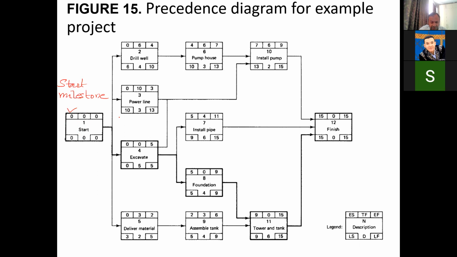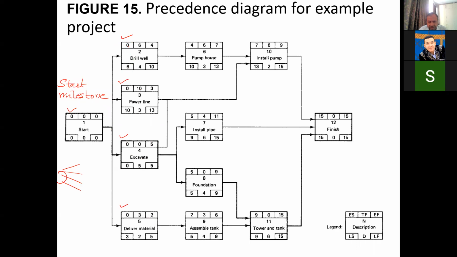Since we are starting from here, at the start we now have 4 activities. In the case of the activity on arrow, we were representing it like this, with 4 arrows. But here we are representing it with 4 nodes. All nodes are starting from 0. So this is the early start time.